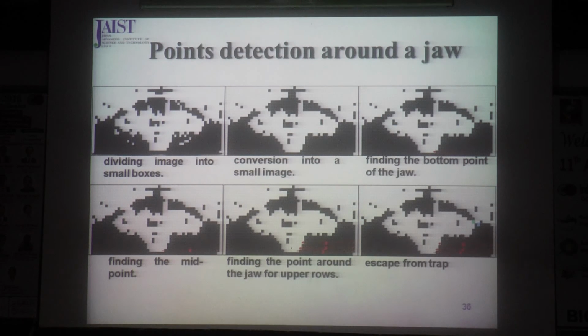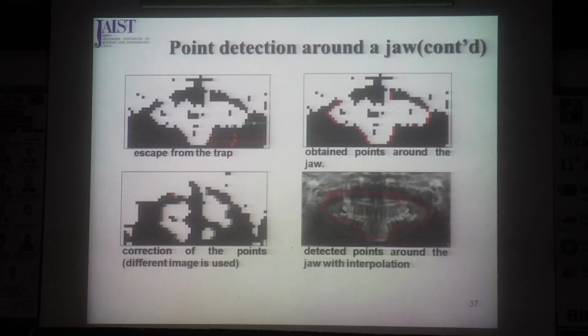Well, time is limited, so let me briefly explain how we do this. So first of all, what we do is to detect the upper and lower boundary of the area including the teeth, like this, by changing the resolution of the original image.